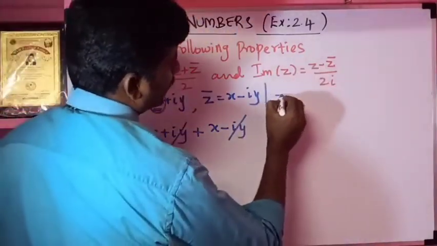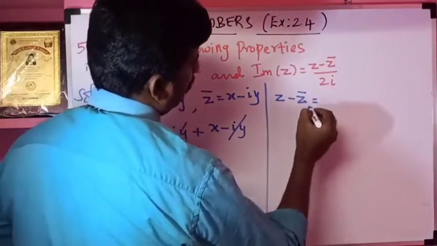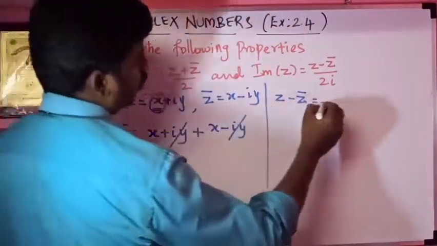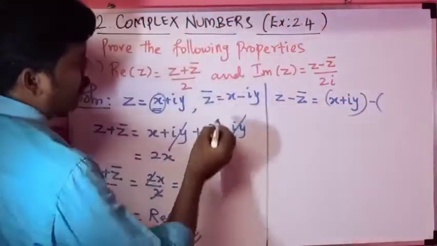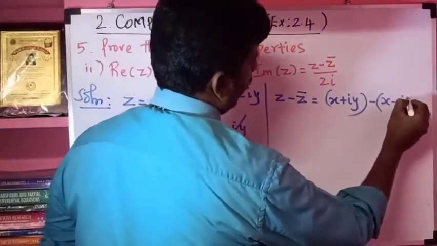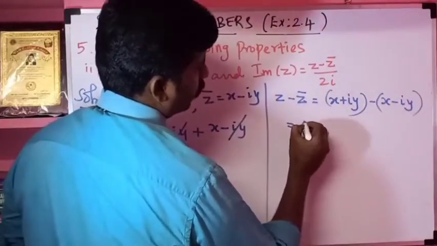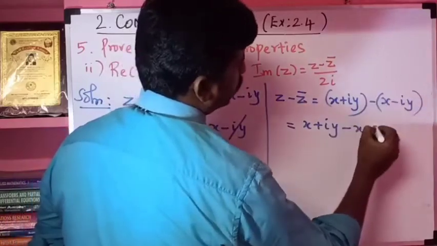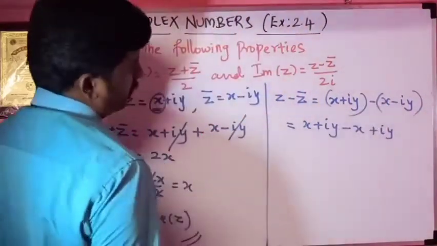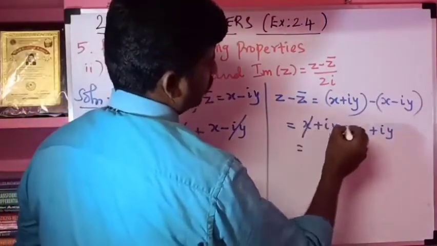Here z minus z bar. So what is z? Z equal to x plus iy, right? Minus z bar x minus the iy, right? Which is equal to x plus iy minus x, minus into minus plus iy, right? So which is x minus x cancel.